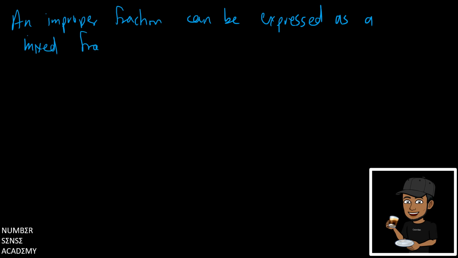So for the sake of consistency and to make it easy to understand, let's start with 11 over 3. We already know that came from 3 and 2/3 from the previous example.